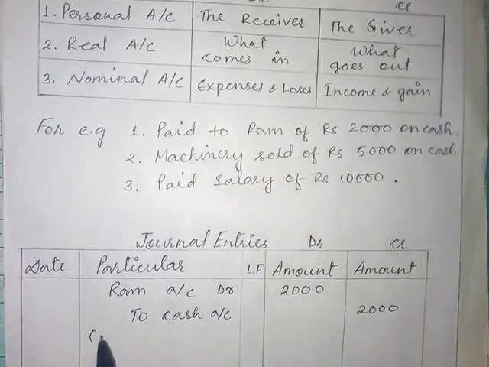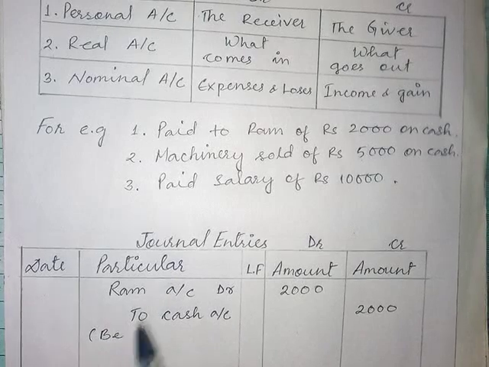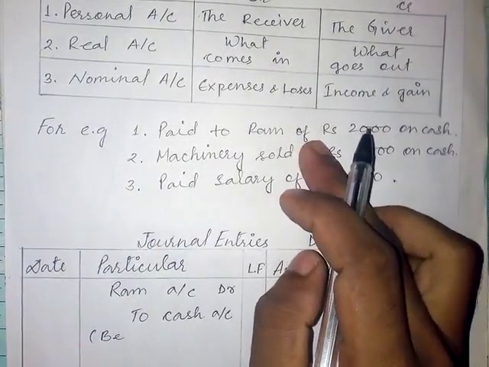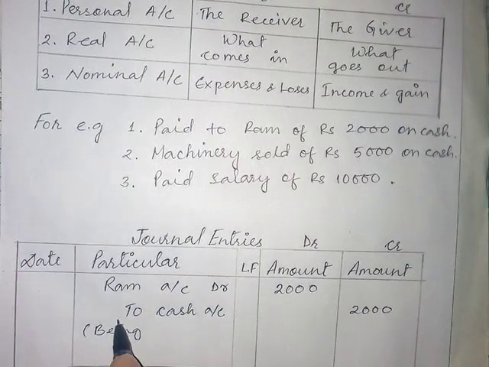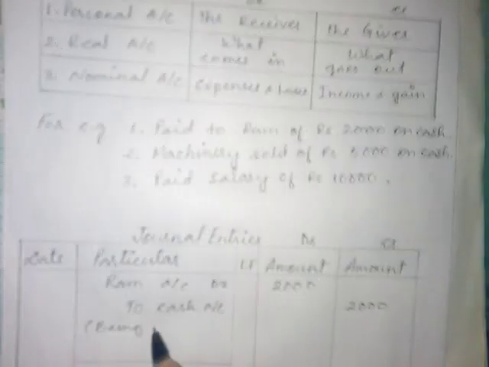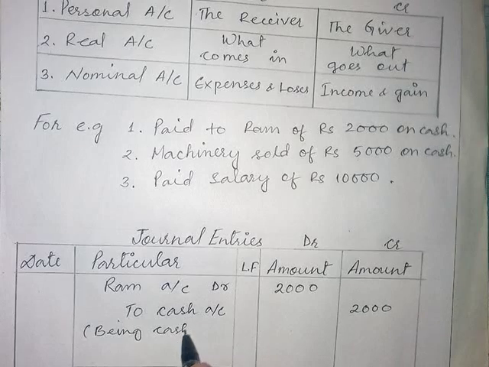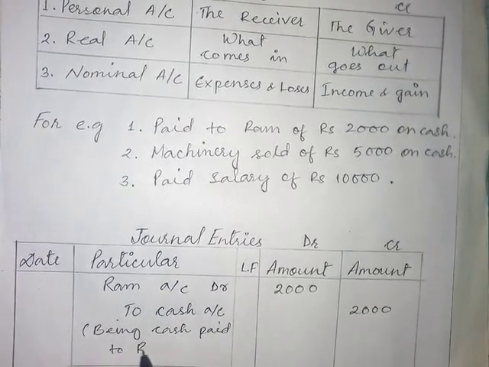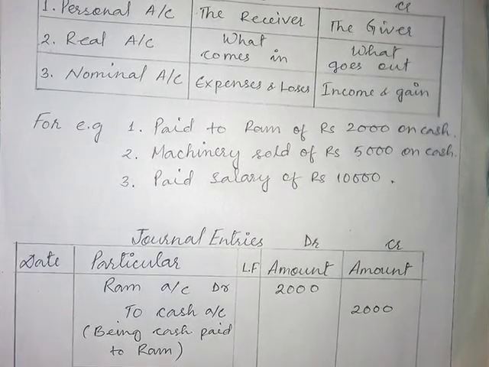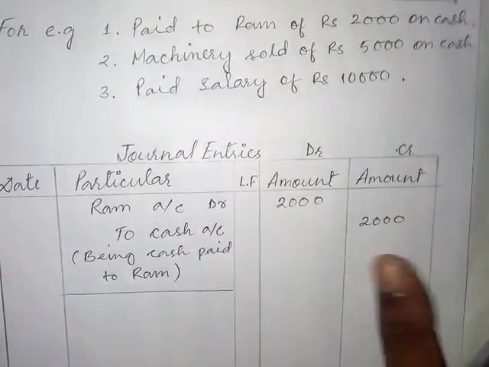Here you need to write narration also. Ram just received the money, and you paid the money, so you write the narration: being cash paid to Ram. Only this much you have to do. It's very easy.